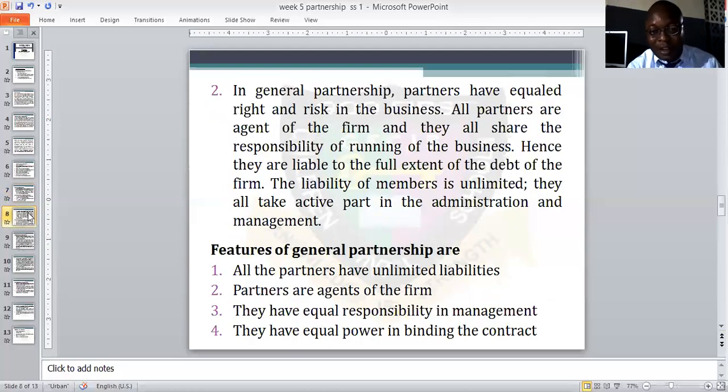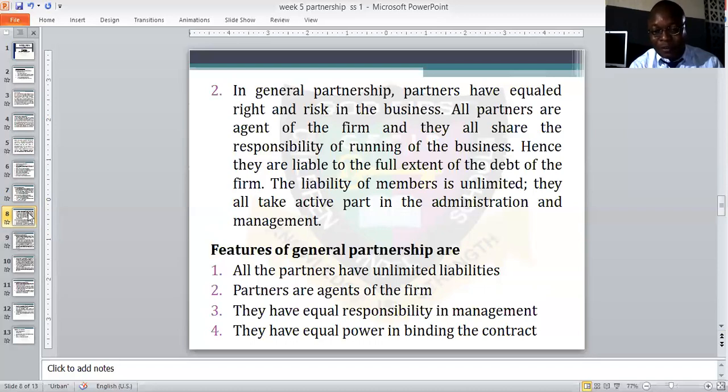Then we also have general partnership. Partners have equal rights and risk in the business. All partners are agents of the firm, and they all share the responsibility. They are liable to the full extent of the debt, so they will be responsible for any debt that occurs during the running of the activities of the business.